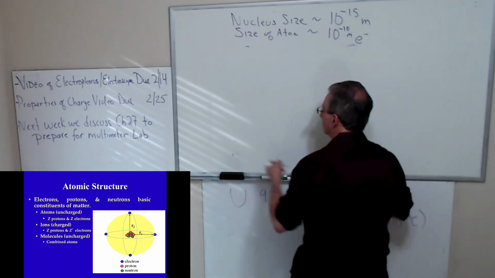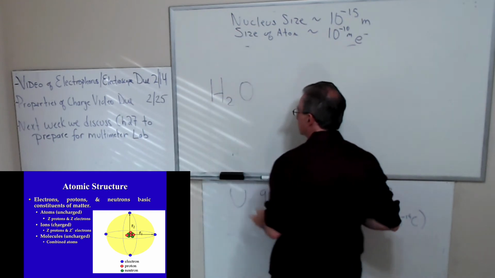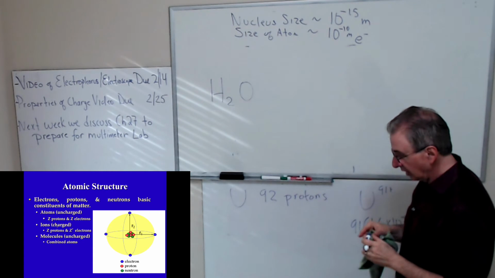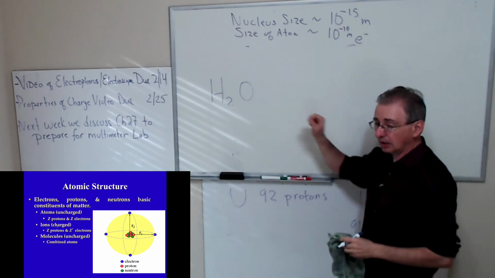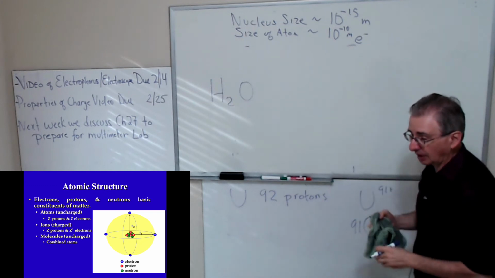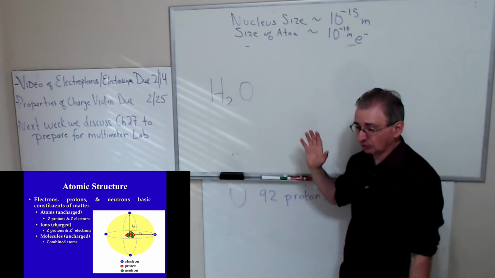So for example, H2O. We all know about H2O, right? That's water. That's a molecule. They're just combinations of atoms. And whether we have a water molecule or a hydrogen atom, they each have their own electrical properties. And in some cases, some of their electrical properties are quite interesting.